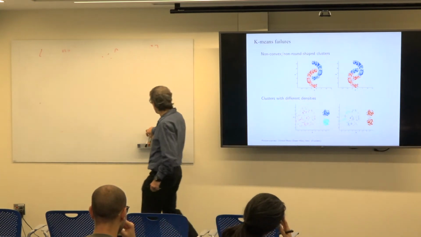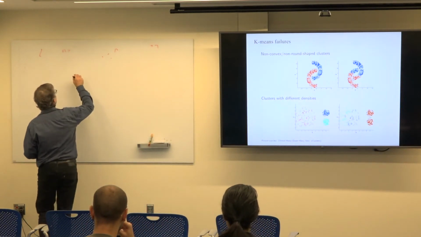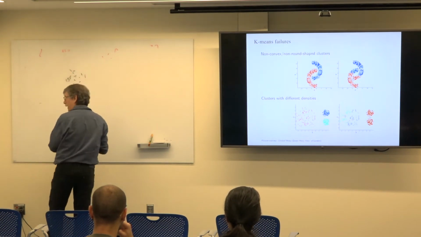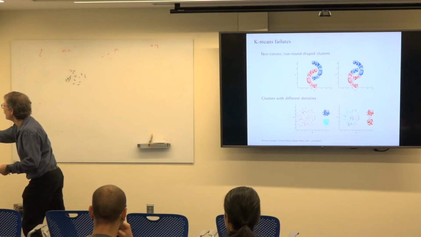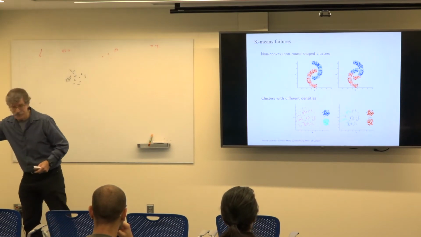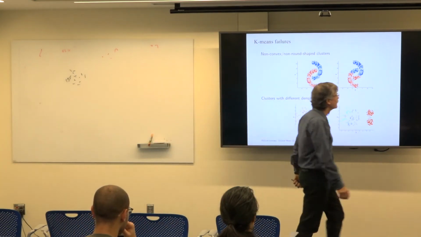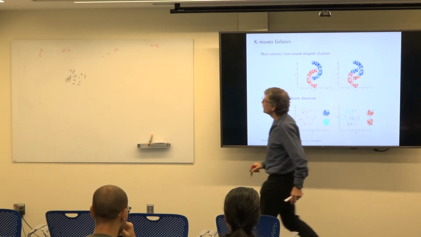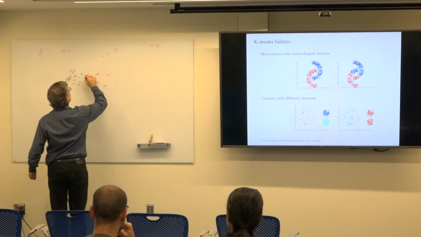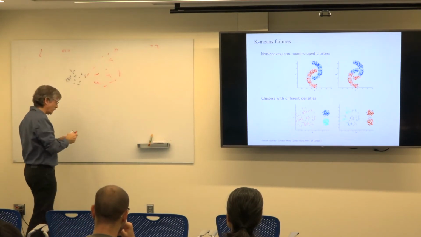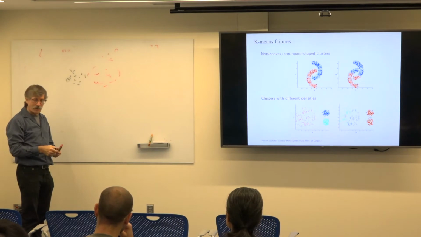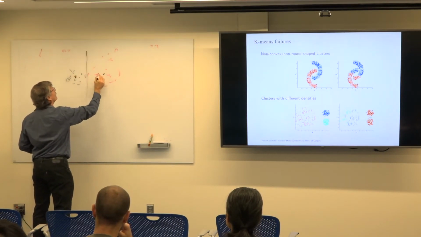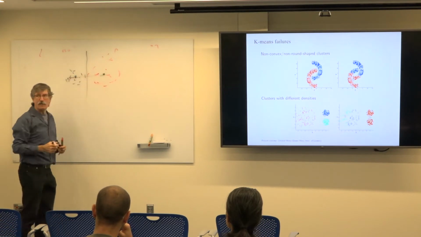If you're doing classification, and if your categories are assumed to be circular, category 1 and category 2, and they're assumed to be circular and the same, well, then the Fisher linear discriminant is the one perpendicular, and the vector that separates them is the vector between the means.